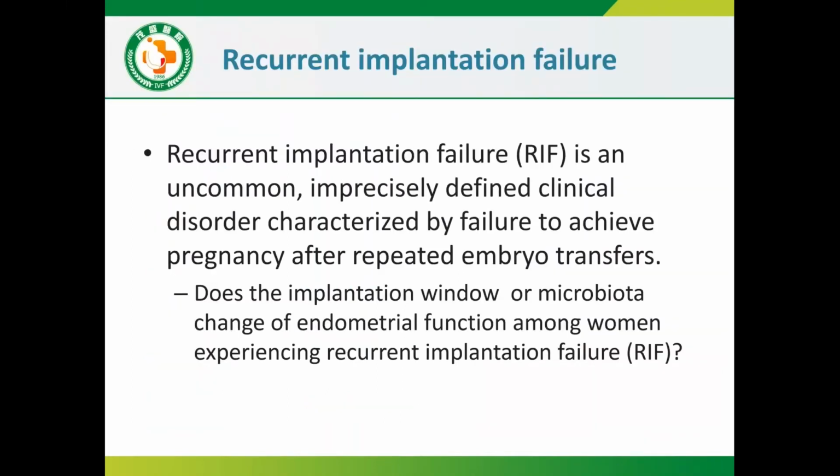And recurrent implantation failure, we call it RIF, is a common imprecisely defined clinical disorder characterized by failure to achieve pregnancy after repeat embryo transfers. Do the implantation window or microbiota change endometrial function among women who experience recurrent implantation failure?